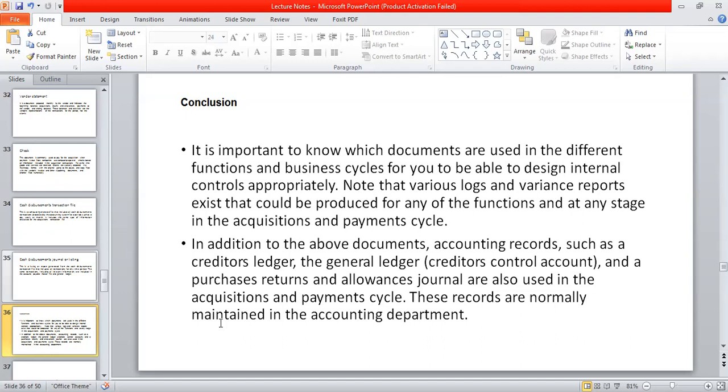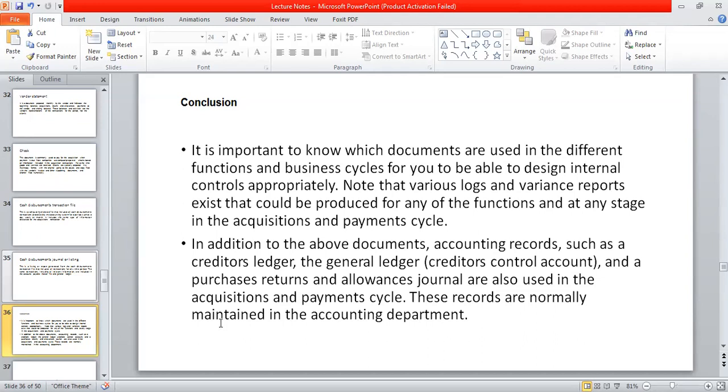In addition to the above documents, the accounting records such as the creditors' ledger, the general ledger, and purchase returns and allowances journals are also used in the acquisition and payment cycle. These records are normally maintained in the accounting department.